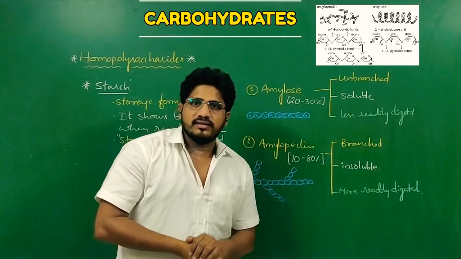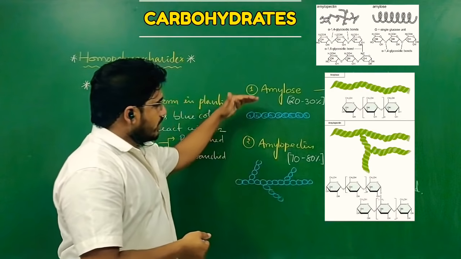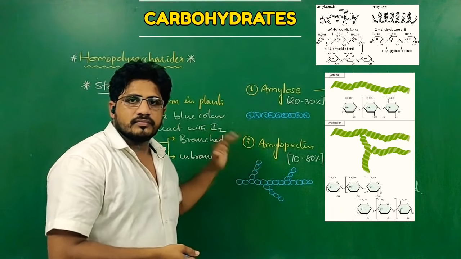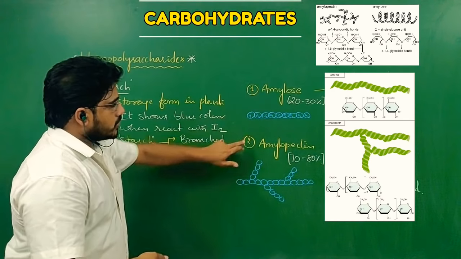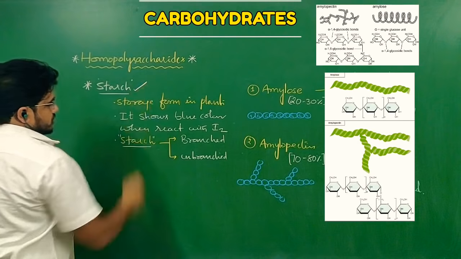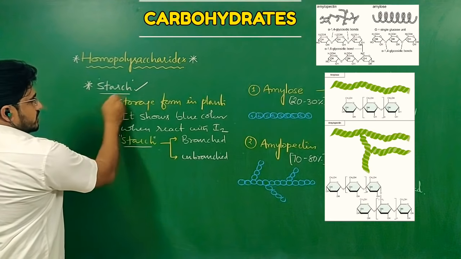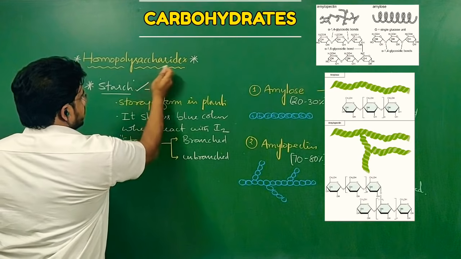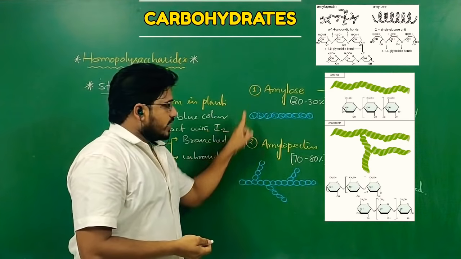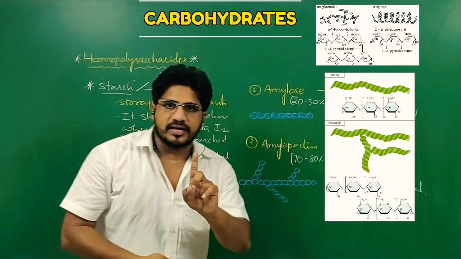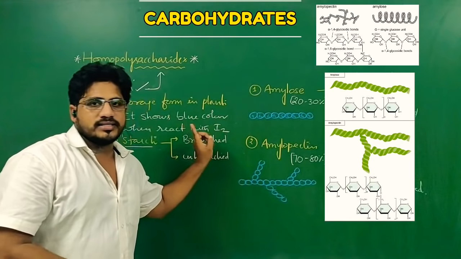Have you observed the key differences between amylose and amylopectin? Listen carefully. Amylose and amylopectin both belong to starch. What is starch? Starch is a homopolysaccharide. So amylose and amylopectin both have one similarity, that is, homopolysaccharides.